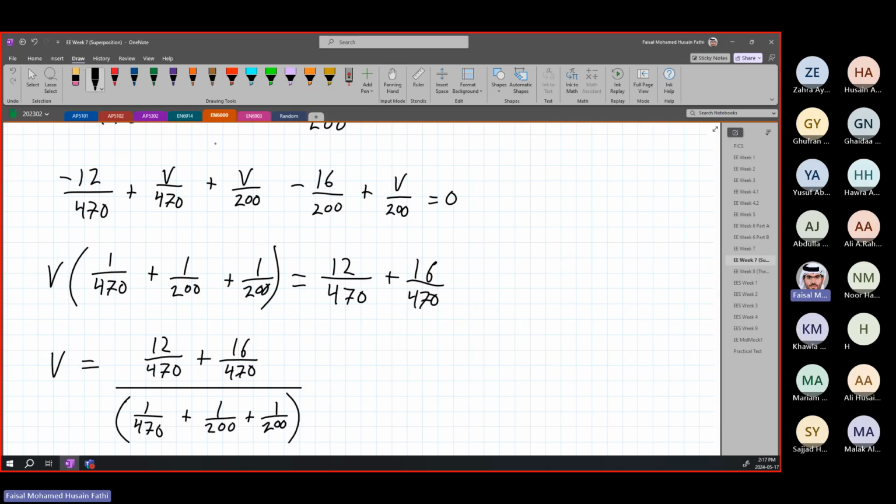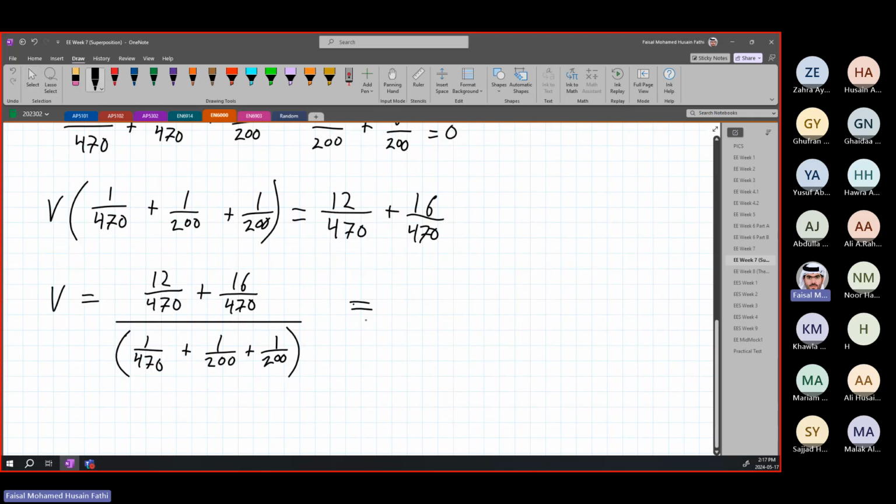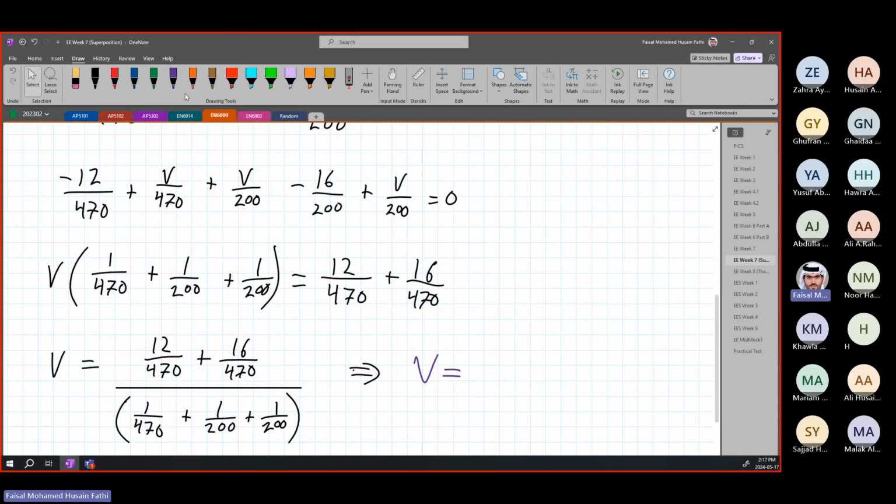If you want to simplify it algebraically in your own way, it's fine as long as your math is correct. So we're going to find V by putting this whole equation into the calculator: 12 over 470 plus 16 over 470. Wait, I feel something is wrong. It's 16 over 200. Yes. Sorry about that.